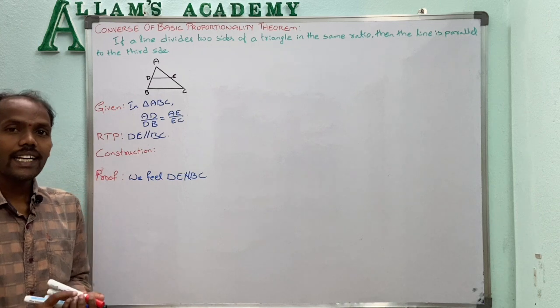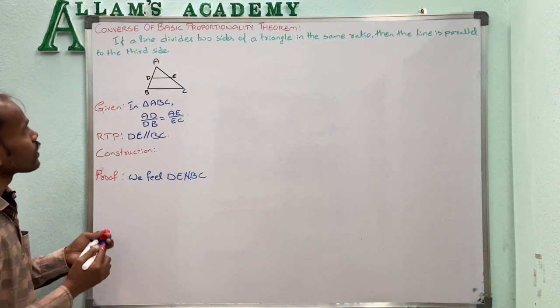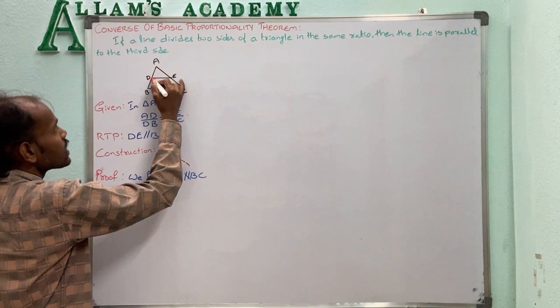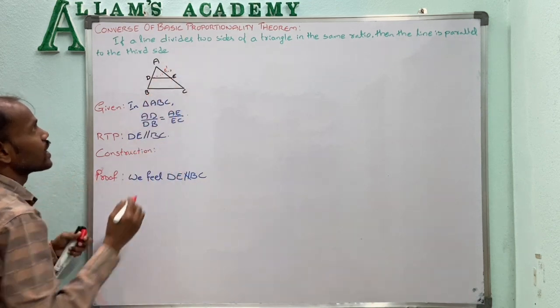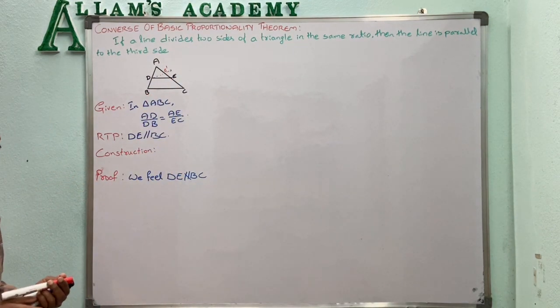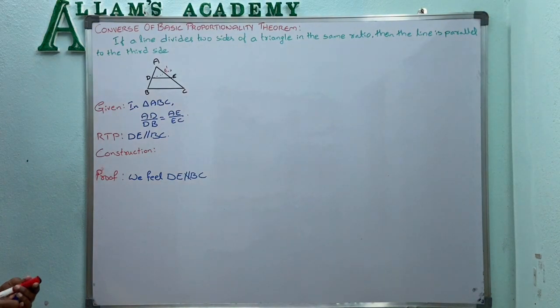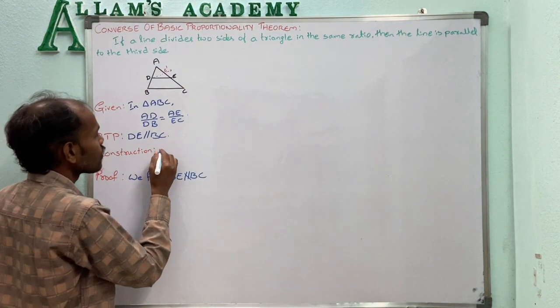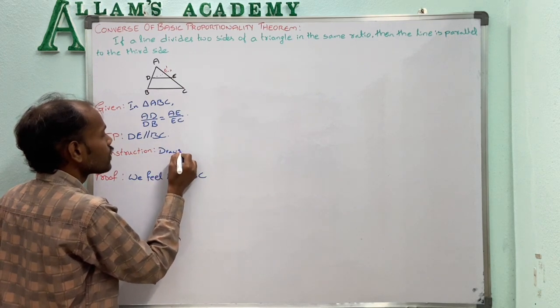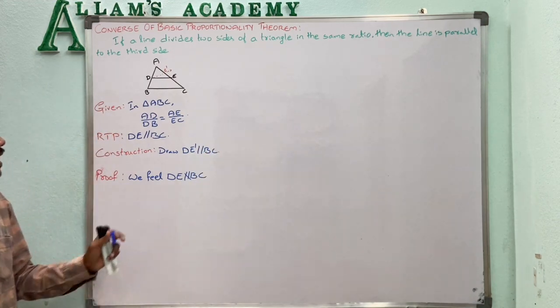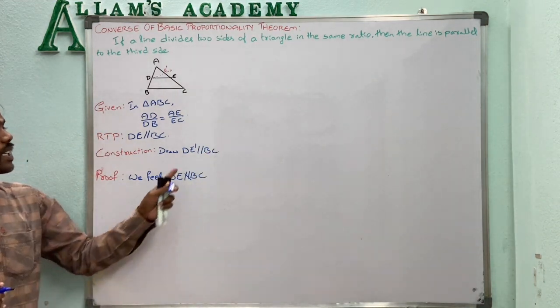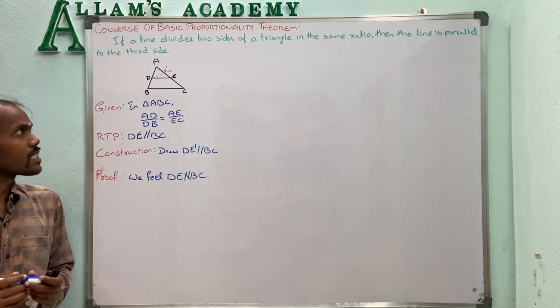So we will take a parallel line to BC, we are feeling as DE dash. So we construct here, draw DE dash parallel to BC. We take DE dash is parallel to BC.